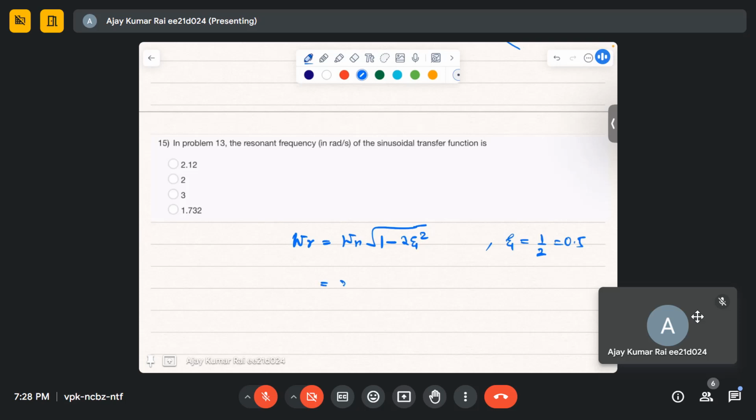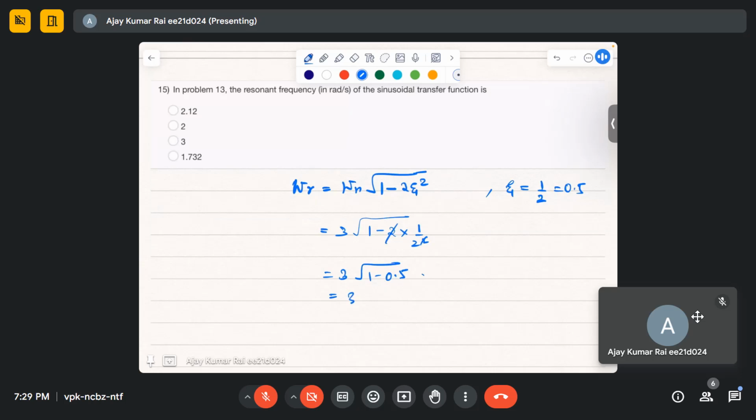You know omega n is equal to 3, times root of 1 minus zeta square. This is 1 minus 1 by 2, which is 0.5, right? So 3 into root of 0.5. If you find the root of 0.5, you will get 0.707.